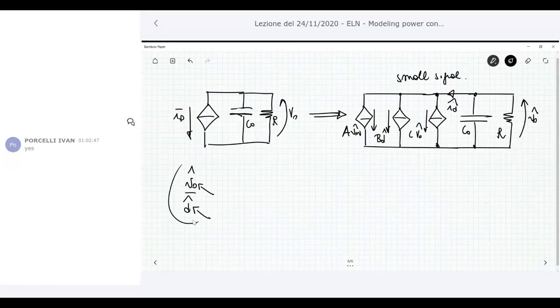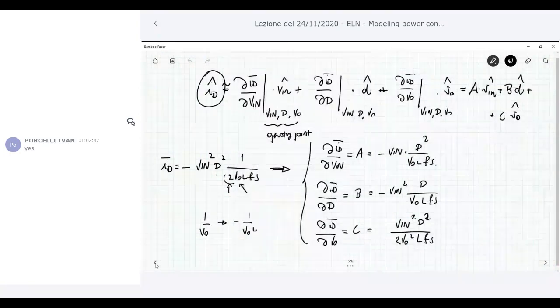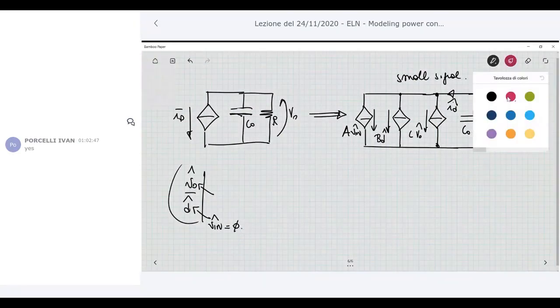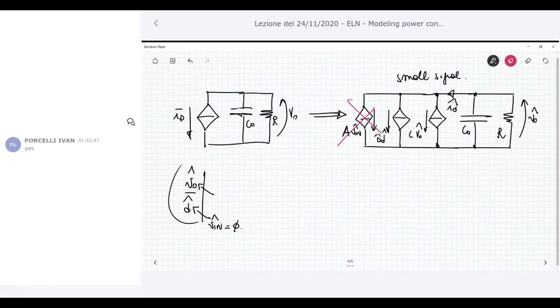So my goal is here, and in deriving this quantity, I just have to consider null the variation, for example, of the input voltage V in. This is something that I did in all the other techniques. When we get to the small signal circuit, I always consider the variation of V in to be null. So V in is always constant, so this quantity is always considered when V in is equal to 0. That means that my first contribution, the A one, can be considered to be null.